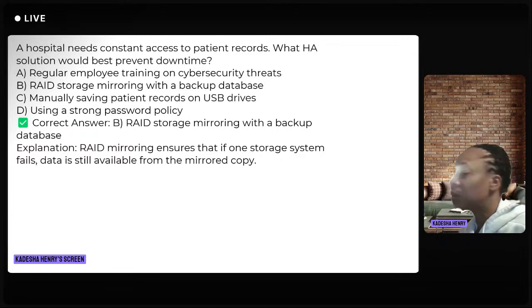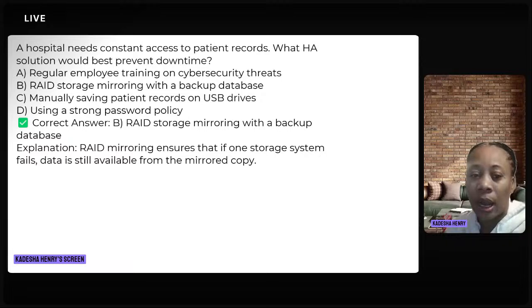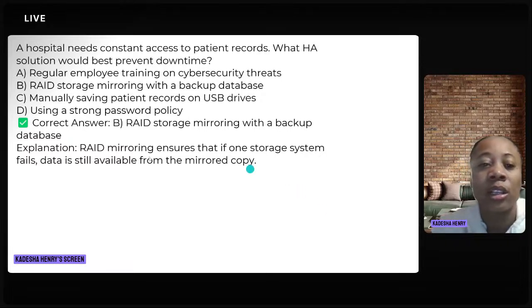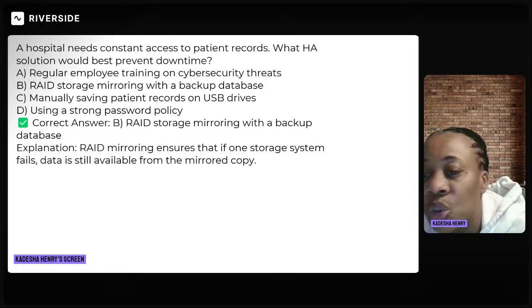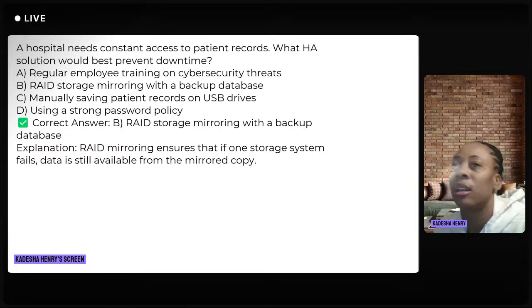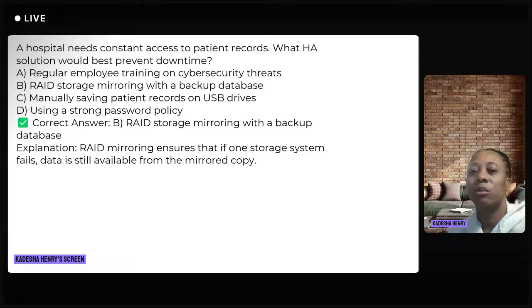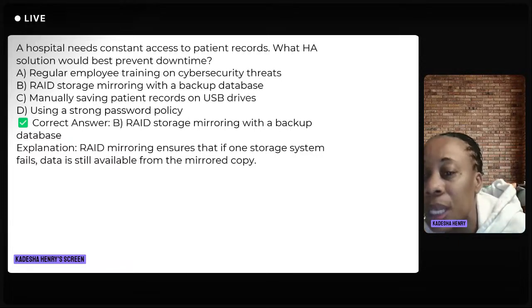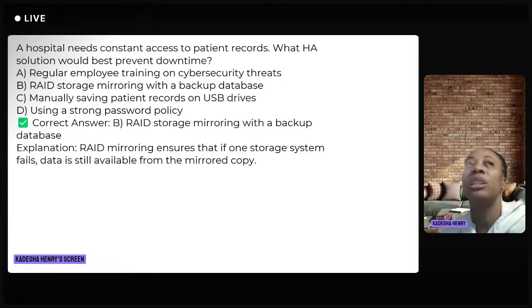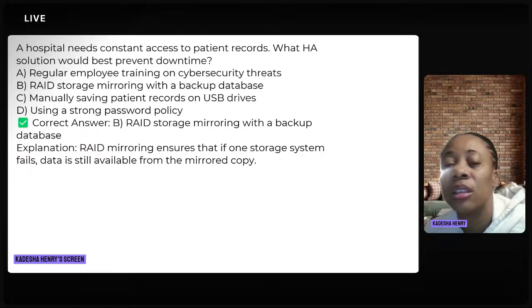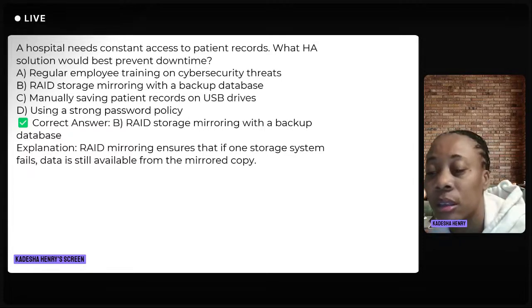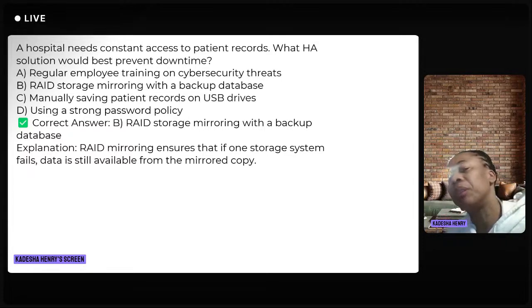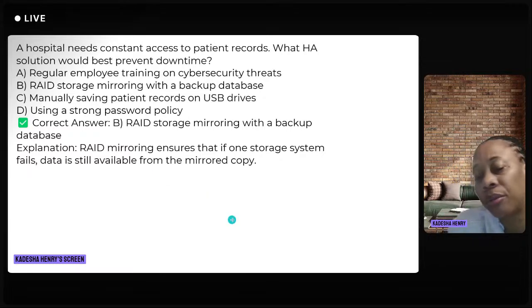That is very important when we are working in places like a hospital, because you need the patient data. It's the same thing with Facebook. It's the same thing with high tech businesses, where the data is vital. We have to have all of these strategies in place to help prevent downtime.